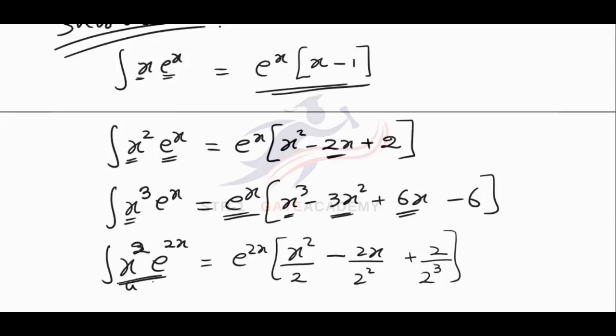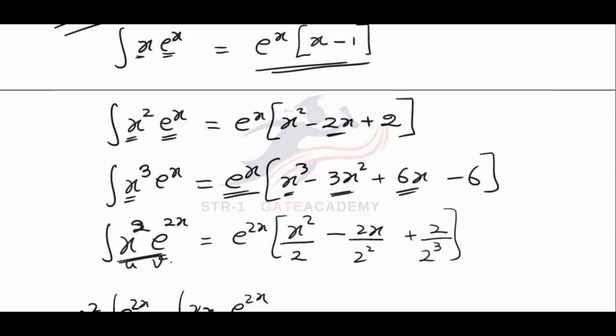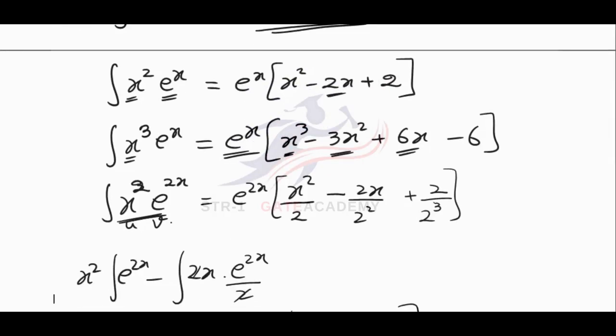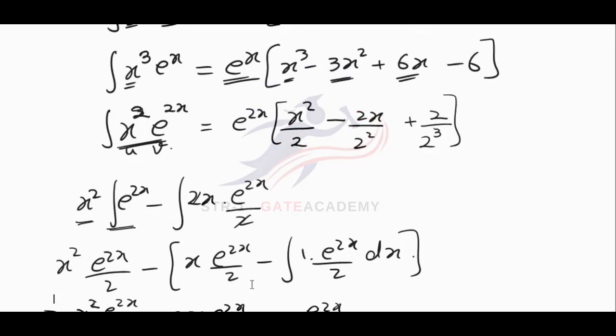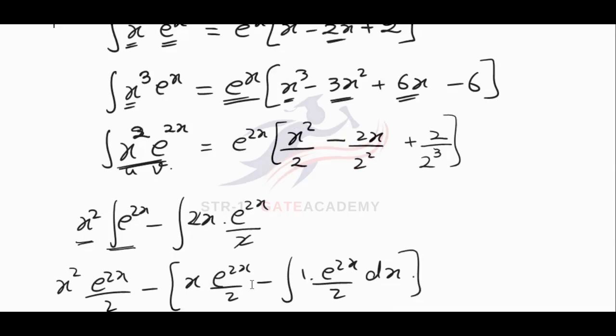Let us say this is u, this is v. So I will do first function into integration of the other minus derivative of the first into integration of the other. Right? I'll show you how to solve this. Then we solve it. What you'll get? e raised to 2x integration is e raised to 2x by 2.